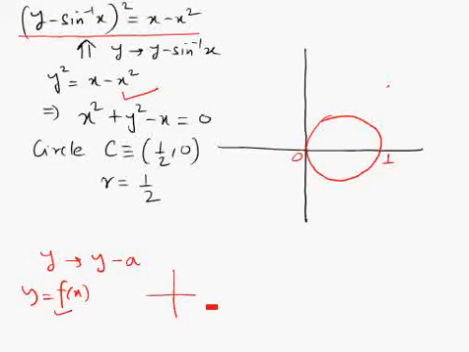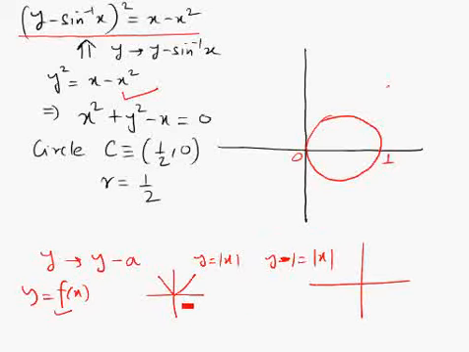For example, if we have, say, this mod curve y equal to mod x, and we replace y by y minus 1, so the graph of y minus 1 equal to mod x is the shifting of this 1 unit up.